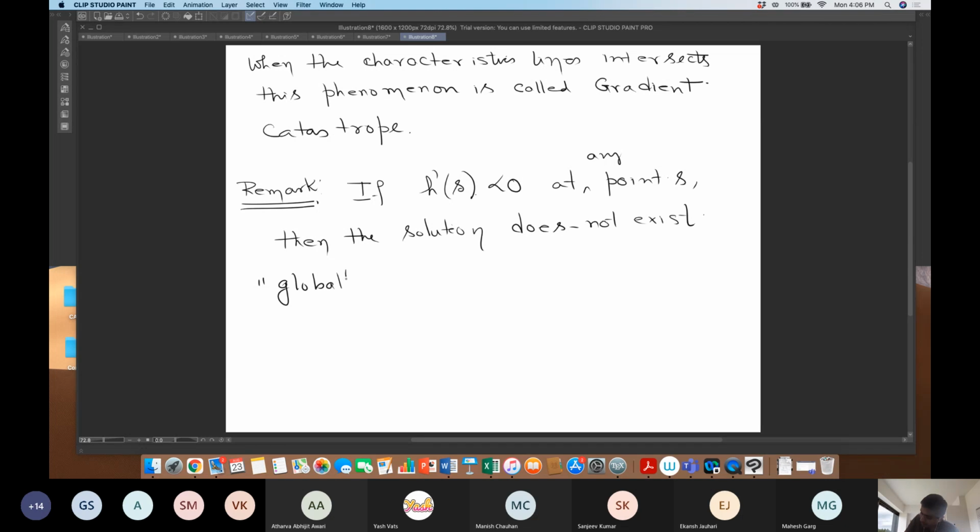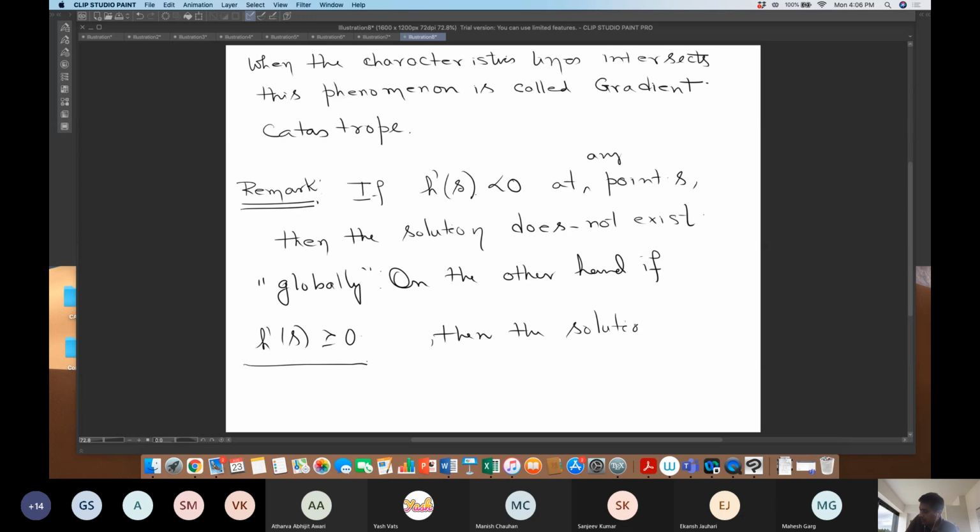We will see why. On the other hand, if h prime of s is greater than or equal to 0, then the solution exists globally.